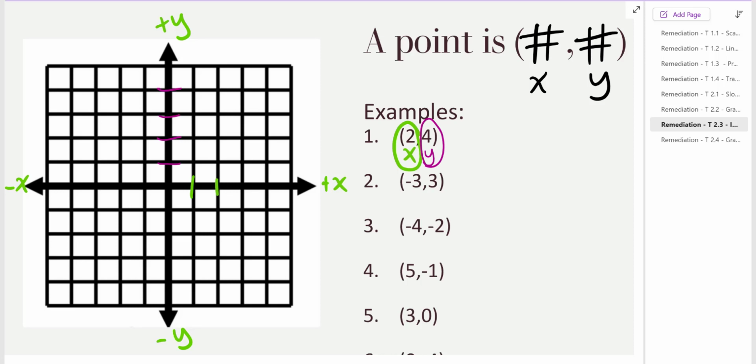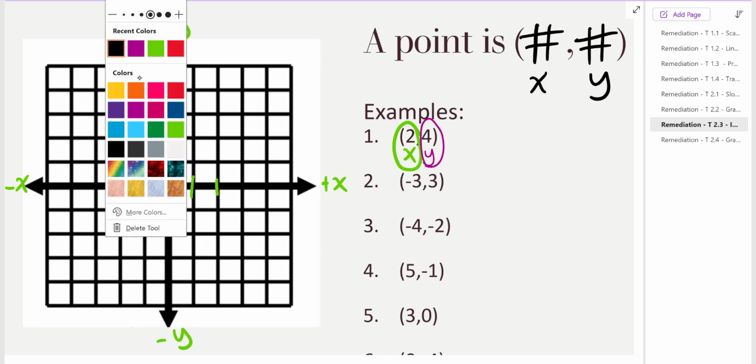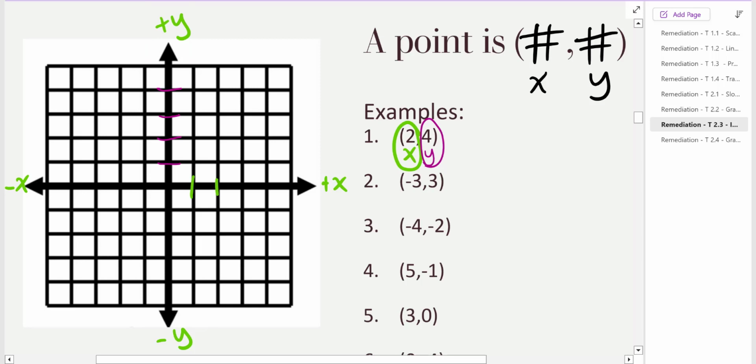So the point would be, let me pick a color we can see, right here. Because x is 2 and y is 4. So x es 2, y es 4. So that's the first point. Ese es el primer punto.